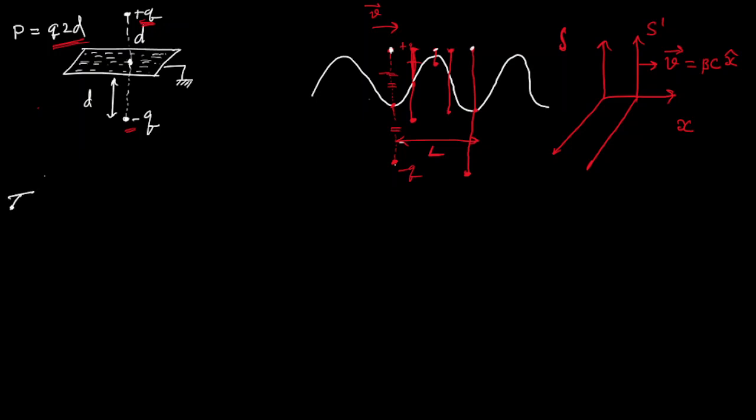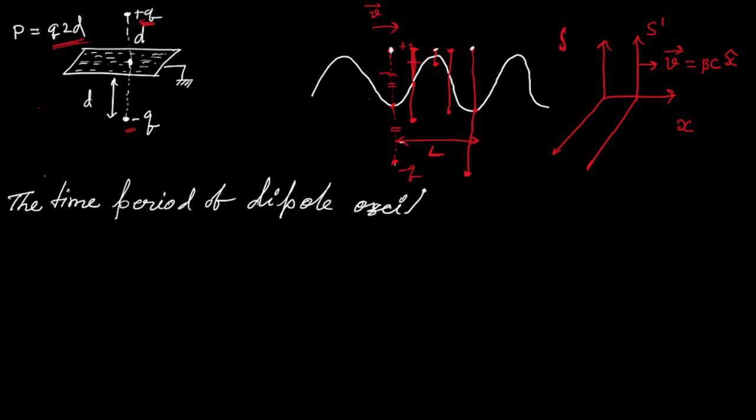So let me write that first. The time period of dipole oscillation in the S frame is T equals L divided by velocity.